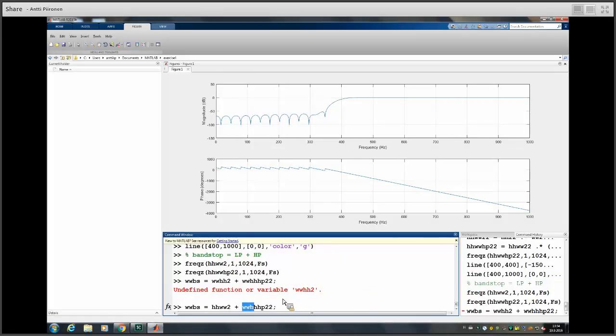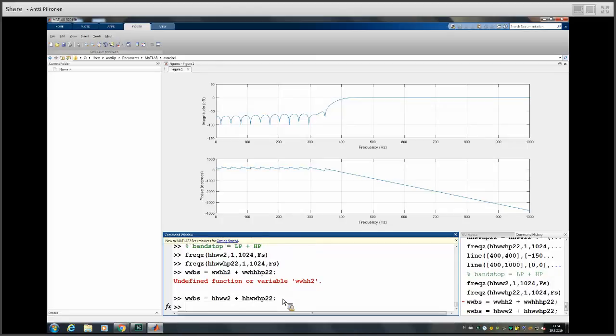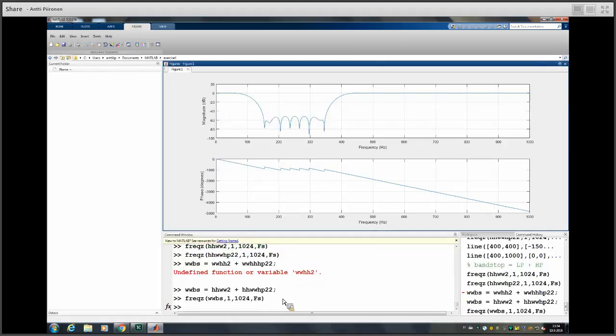This way around. Better. And the frequency response of this filter there. So it actually combines the filter properties, and yes, the stop band attenuation gets lower.